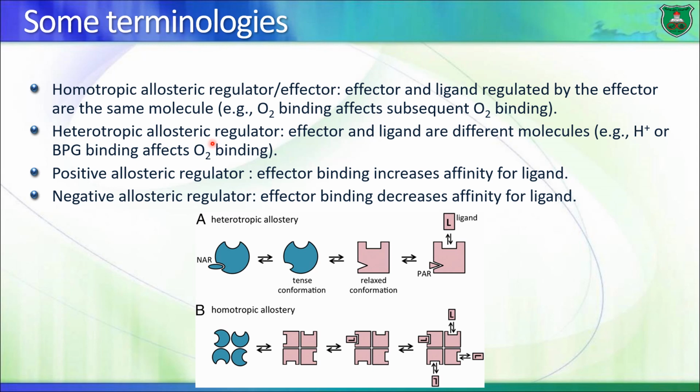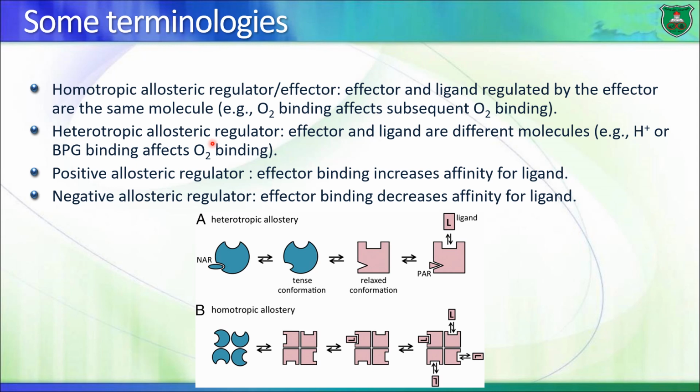Now, these regulators, by the way, can have a positive effect or a negative effect. In other words, if it has a positive effect, it means that when it binds to the molecule, it makes binding of the ligand easier, or it increases the affinity.